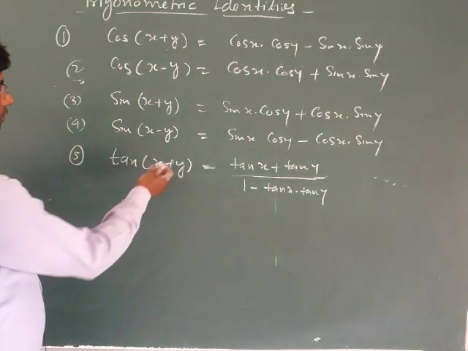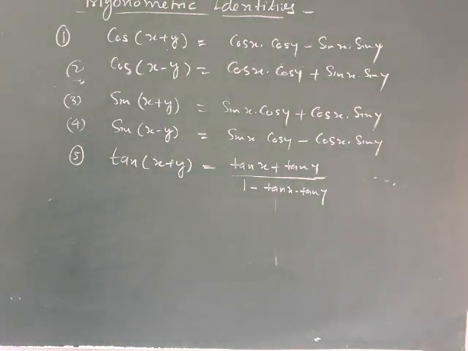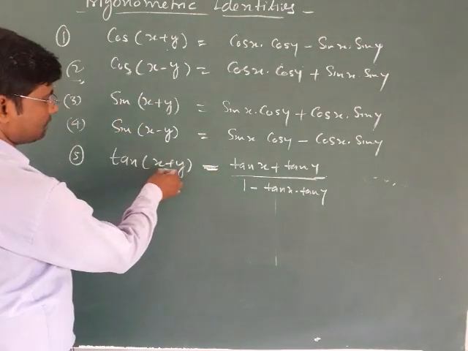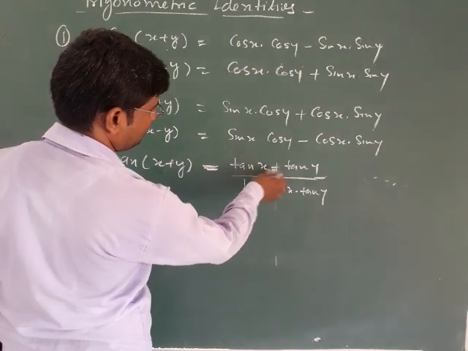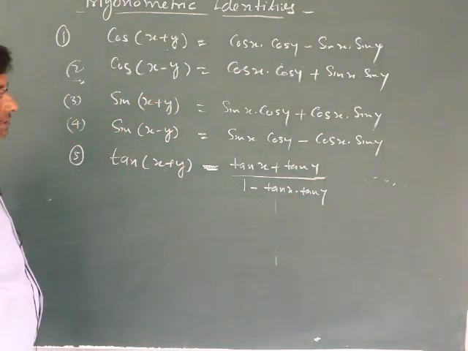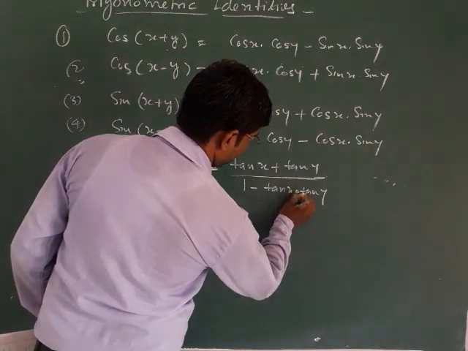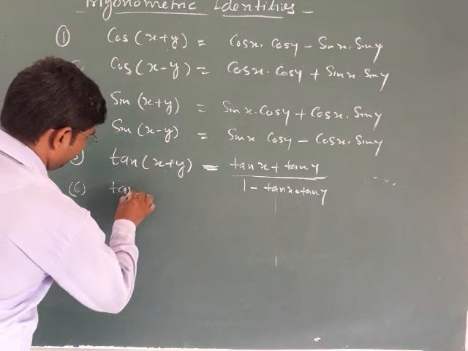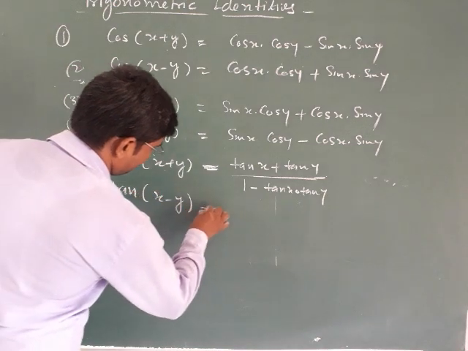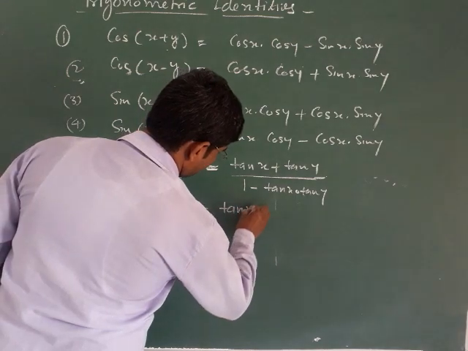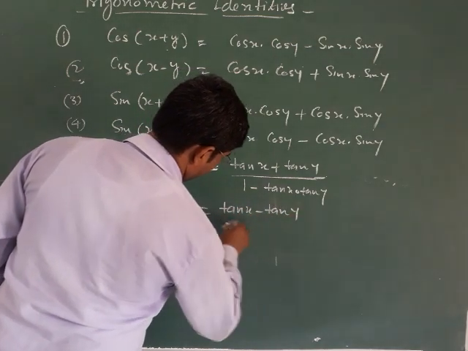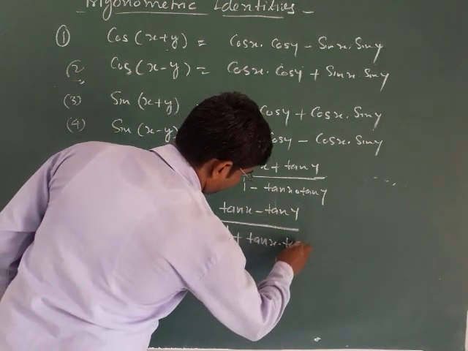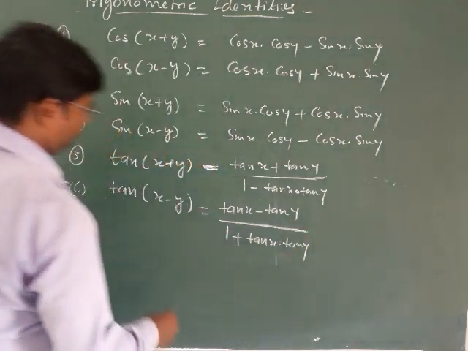So this is the sum of two angles in the trigonometric function. Tan(x plus y) is equal to tan x plus tan y upon 1 minus tan x into tan y. Also for the difference of two angles, tan(x minus y) is equal to tan x minus tan y upon 1 plus tan x into tan y.